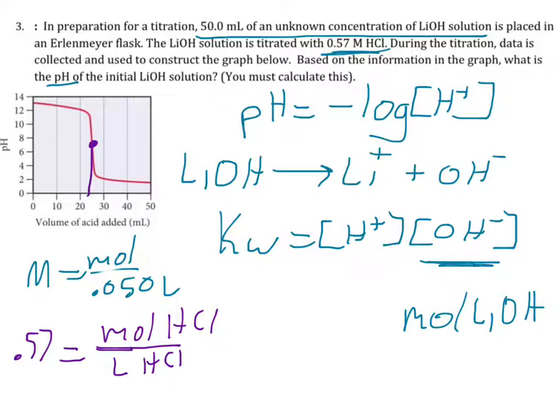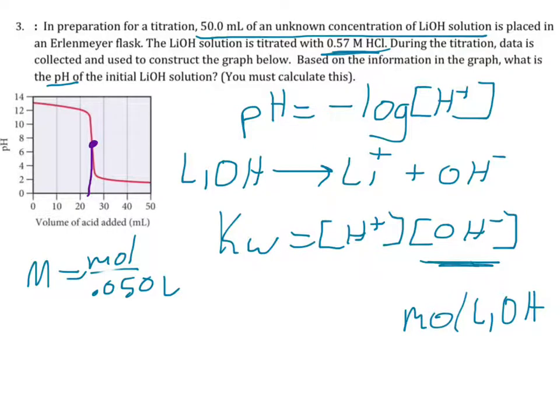So you can see that it occurs at 25 milliliters, and that happens to be our liters, which is 0.025 liters. So we do some very basic algebra to solve for moles of hydrochloric acid. What we end up with is 0.01425 moles of HCl.